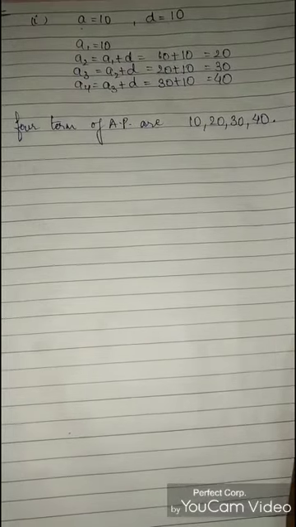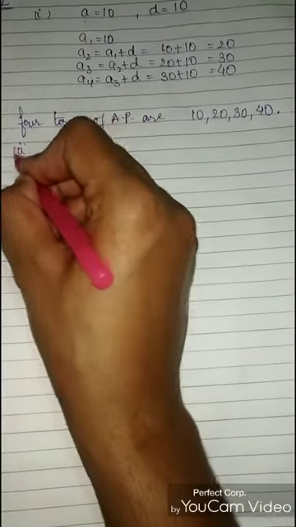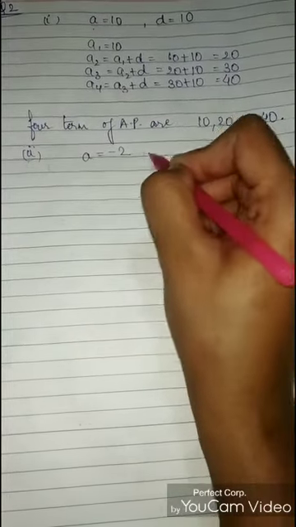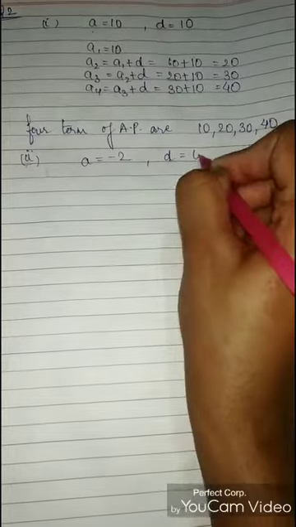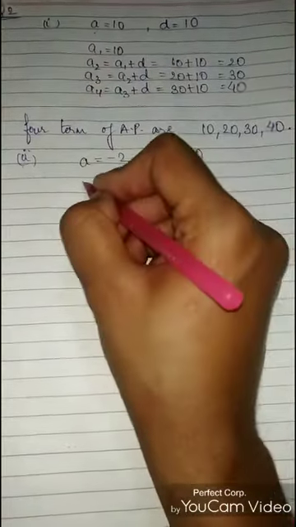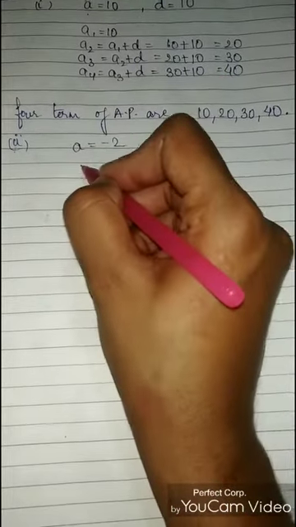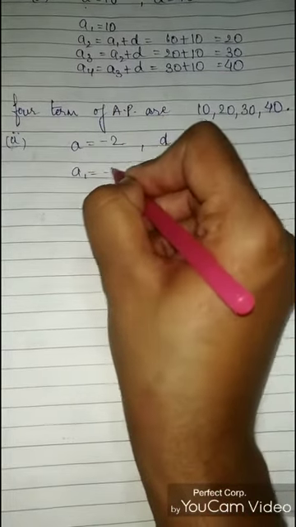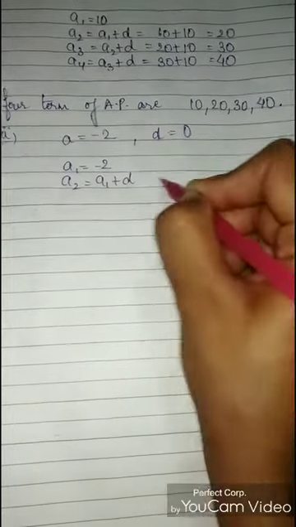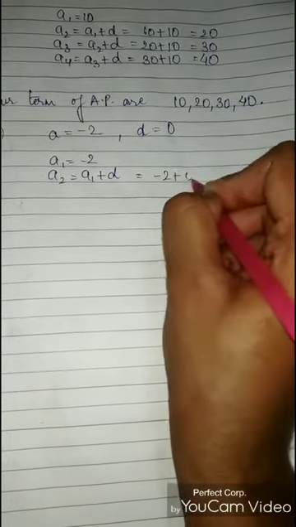Next, second question. In the second question, A is minus 2 and D is 0. Here, if D is 0, then all the 4 terms will be minus 2 only, because your A1 is minus 2. What is A2? A1 plus D, that means minus 2 plus 0, so the answer is minus 2.